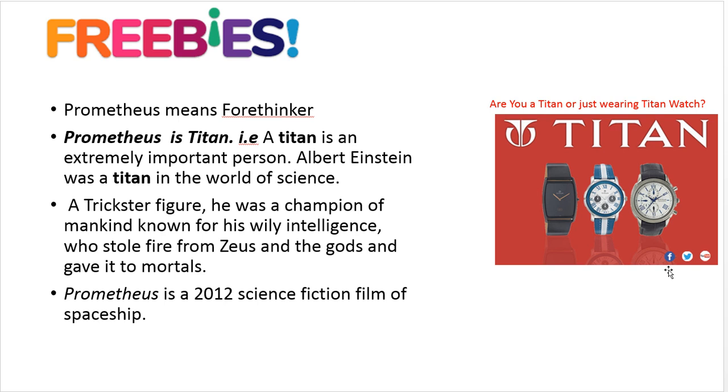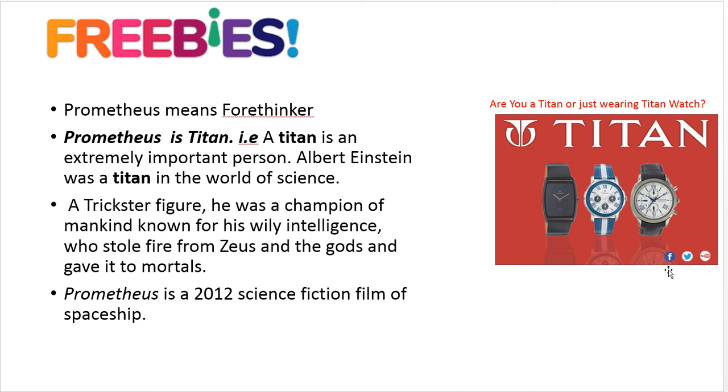Okay, so freebies. I want to give you some thoughts about Prometheus, the word, and how it has come into the market. Prometheus means forethinker, the word itself says so, and Prometheus is a Titan. He was a person who was working under Zeus.